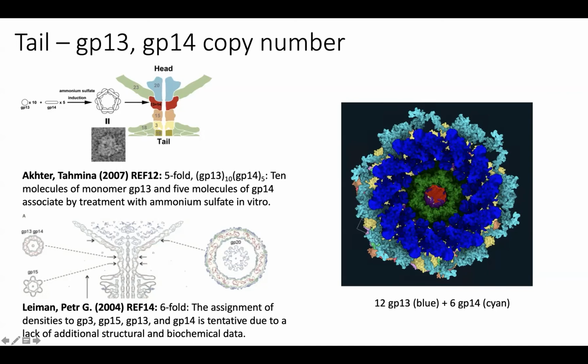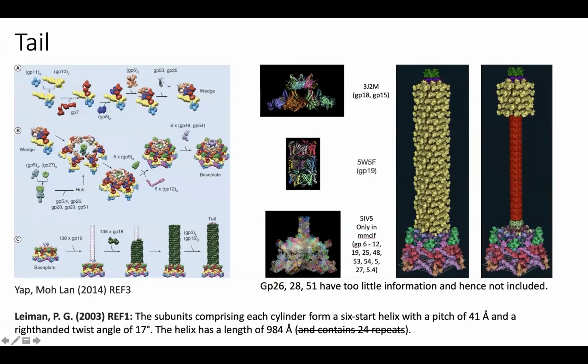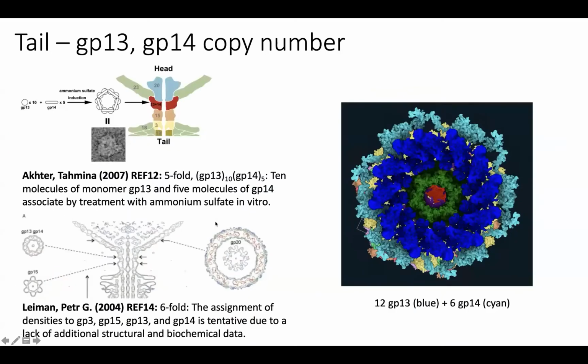We went with the 6-fold version because, first of all, the 5-fold result was from in vitro, and all the other proteins like the tube and the sheath, and also the terminators, the sheath terminator and the tube terminator, are all in 6-fold configuration. So we went with 6-fold here.